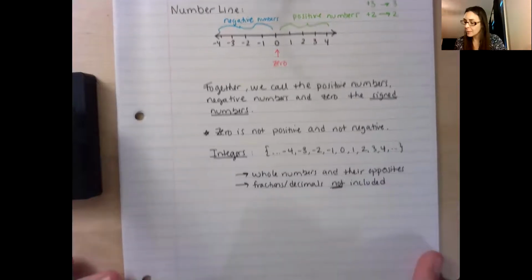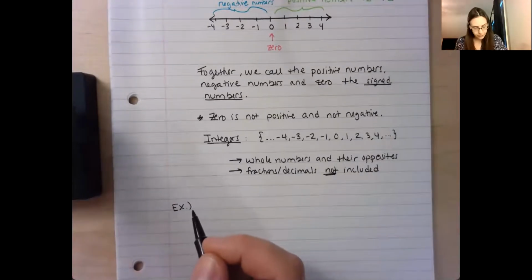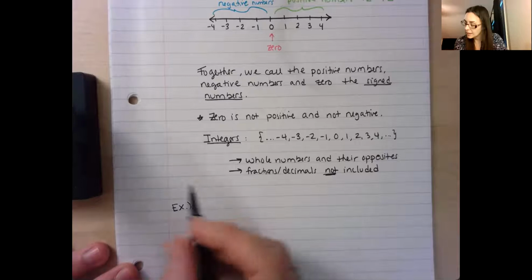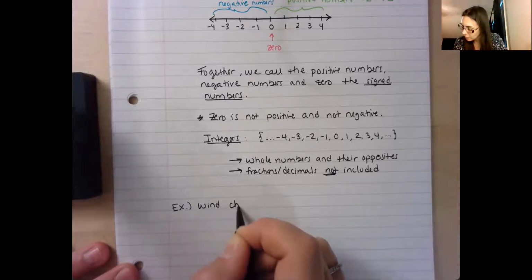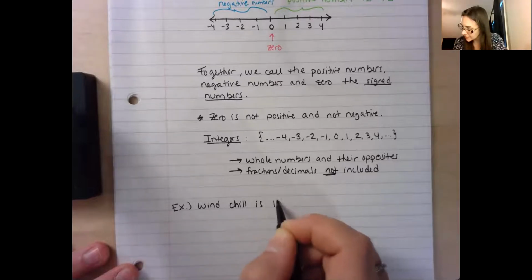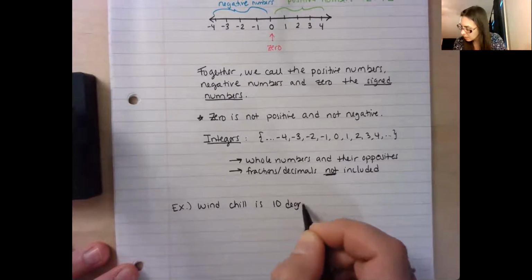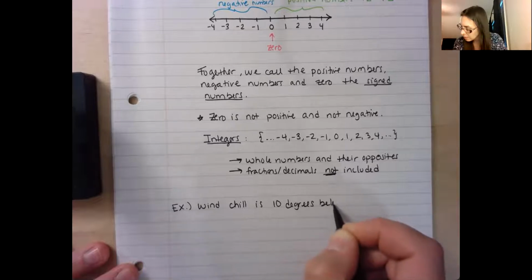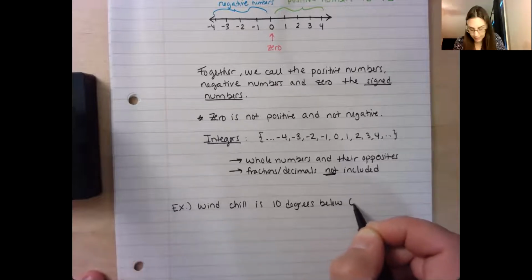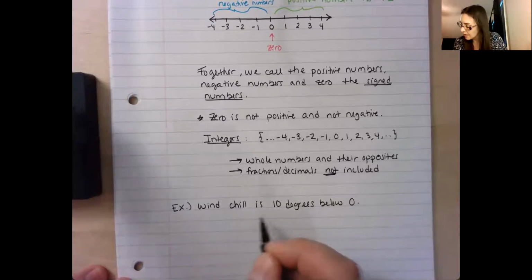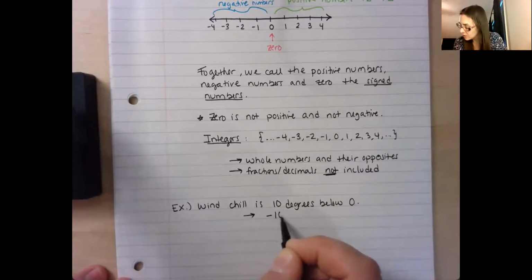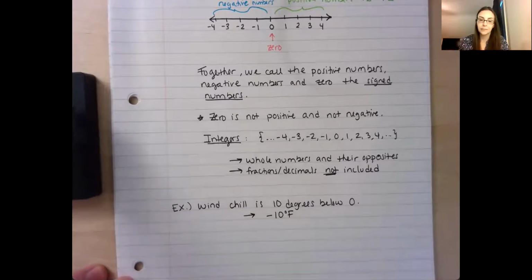Now, there are lots of applications of signed numbers. So for instance, I could say that the temperature, or let's say the wind chill is 10 degrees below 0. And assuming we're in Fahrenheit here, we could express that value then as negative 10 degrees Fahrenheit.